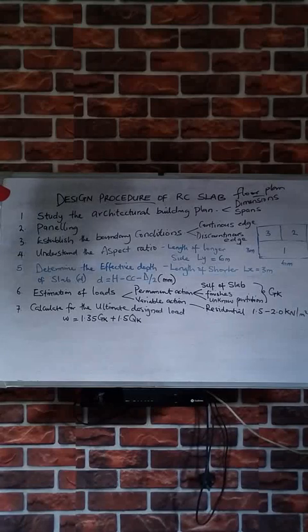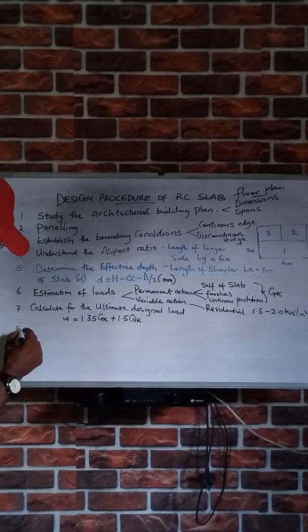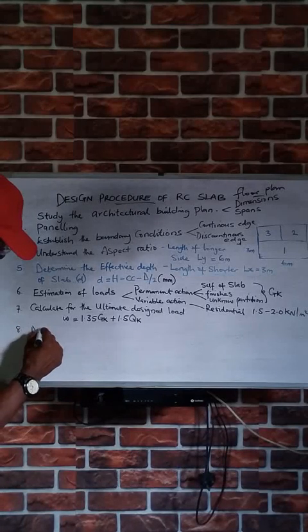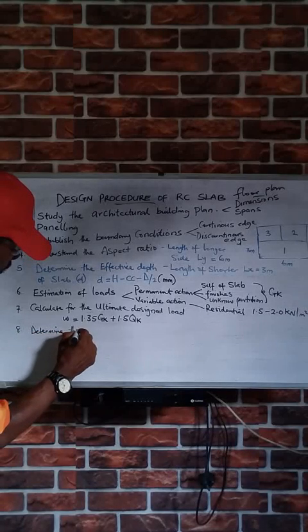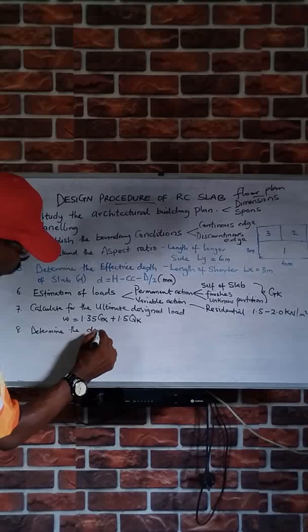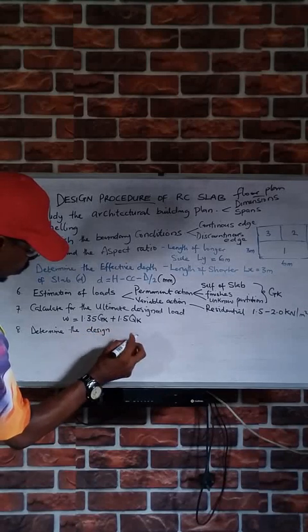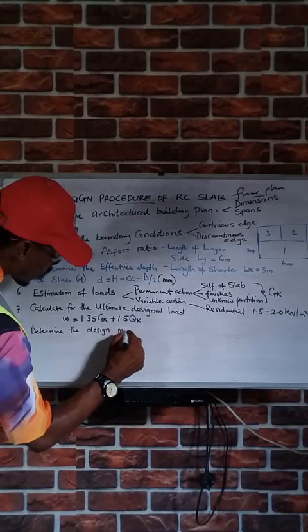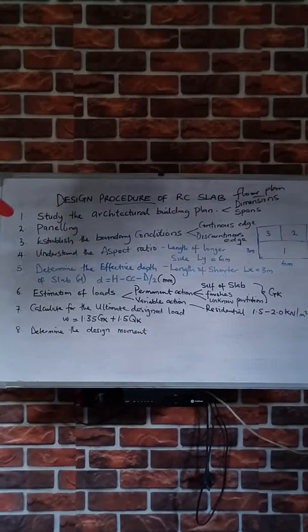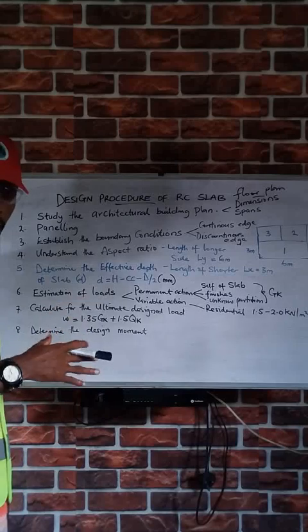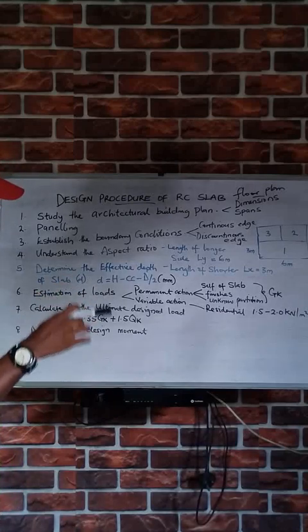So once you are done with that, the next step is to determine the design moment. Because you have to look out for the moment that is generated on that slab unit.